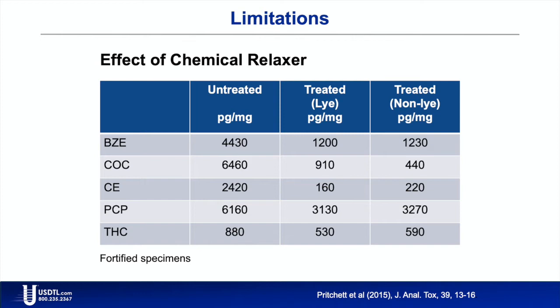As you can see, the untreated hair had significant levels of cocaine, PCP, and marijuana. The samples that were treated with the lye-based hair relaxer, the numbers are very much lower as a result of that treatment. And with the non-lye, it also had a very reducing effect on the concentration.